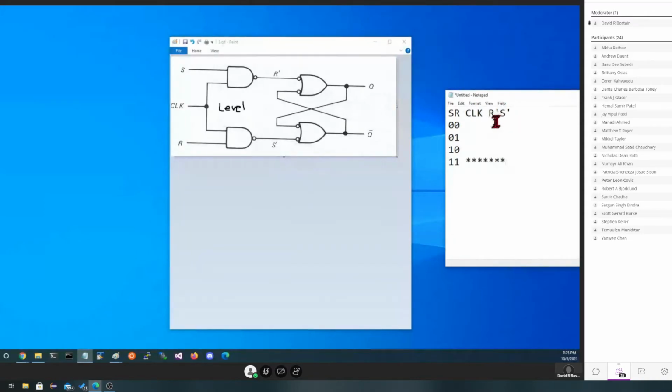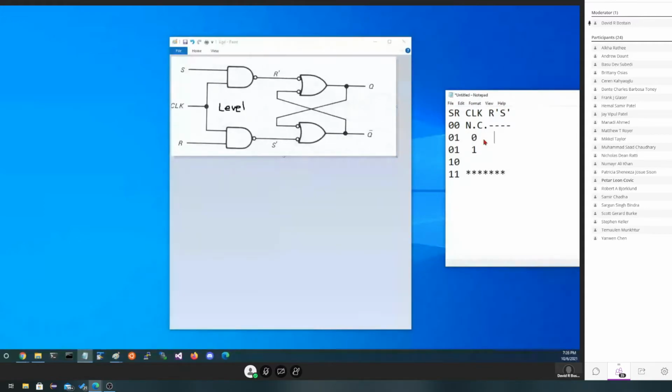Now, if we're looking at reset and set, if we hold things steady, it doesn't matter what happens on the clock, no change occurs on any of the signals. If we, however, assert reset, then there are two cases that can occur. One, the clock is low. Two, the clock is high.